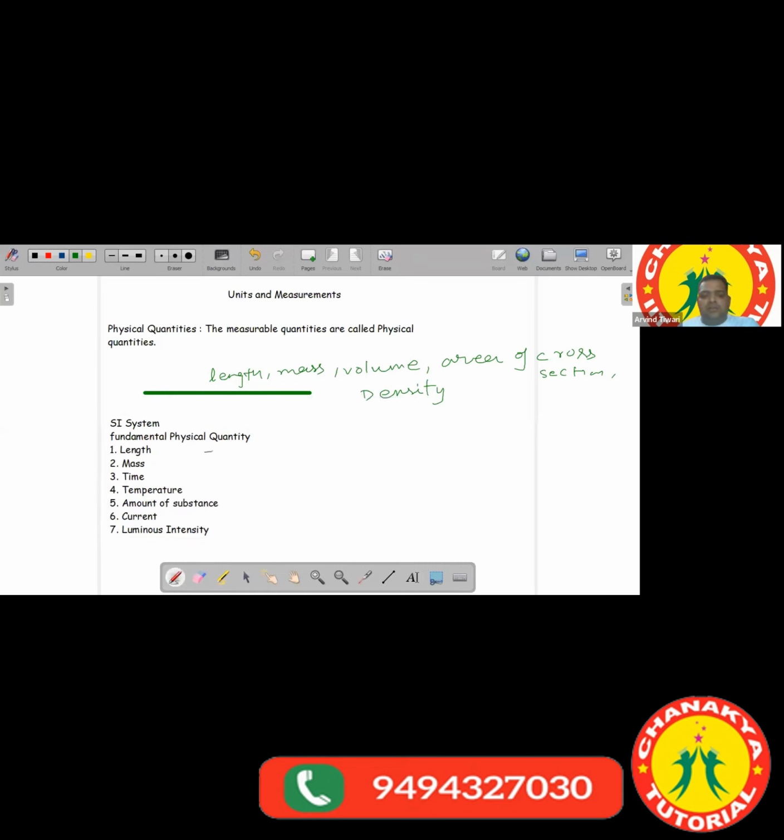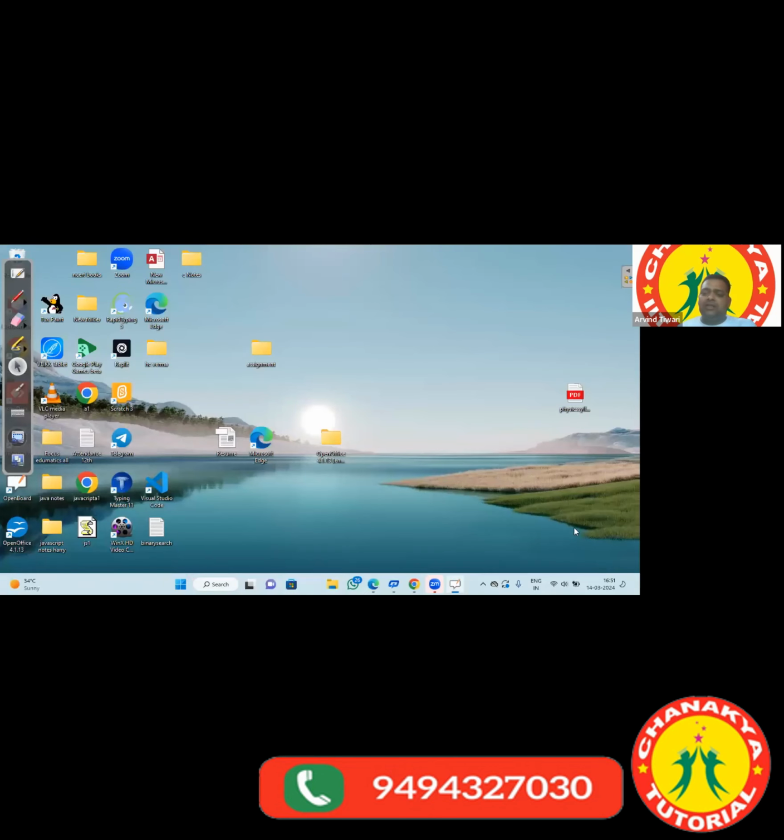See, we have different units. For example, length can be measured in meter, centimeter, and foot. Some local people may also use hand span. So these are the different methods of measuring the fundamental quantities.